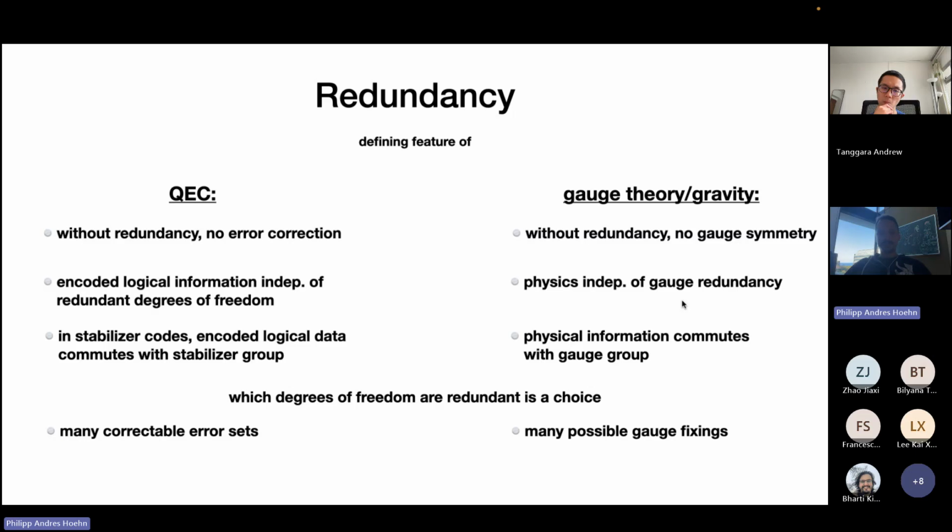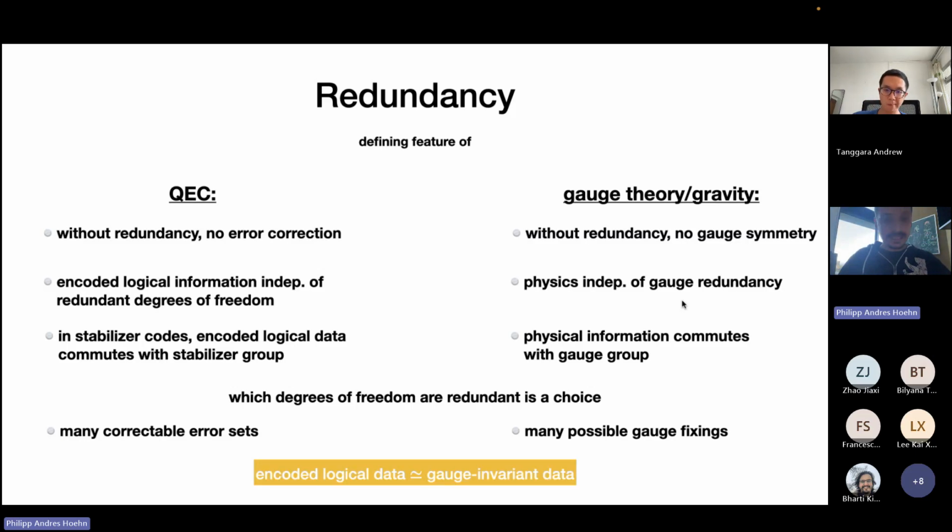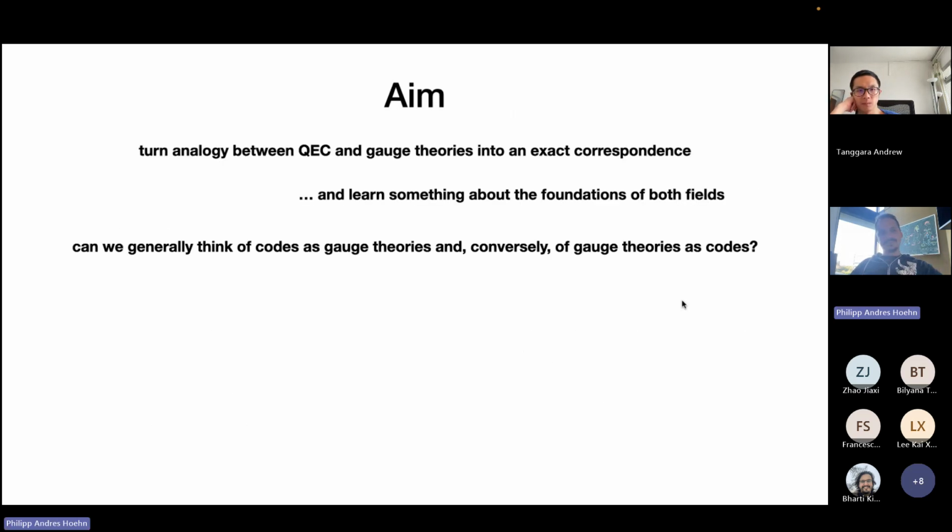In gauge theory and gravity, which gauge is interesting depends on the preferences of the practitioner. So we see there's a qualitative analogy between encoded logical data in quantum error correction and gauge-invariant data on the gauge theory side. The aim of this talk is to convince you that this is more than just a qualitative analogy, and that it's really a precise correspondence.